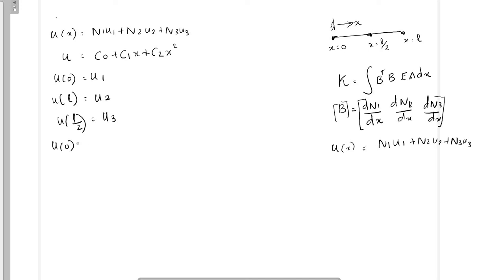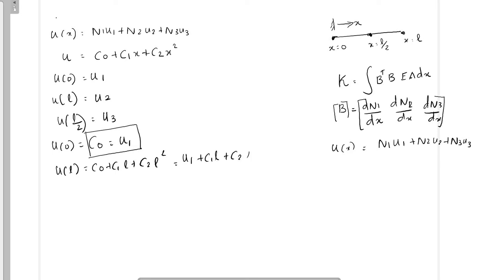So first I am going to apply the first boundary condition, U of 0. U of 0 equal to, if you put x equal to 0 here, only C0 will remain. That is equivalent to U1. So we can find the value of C0 as U1. Next you substitute U of L in this equation: C0 plus C1L plus C2L square. We already know C0 is U1, so I am putting U1 plus C1L plus C2L square.